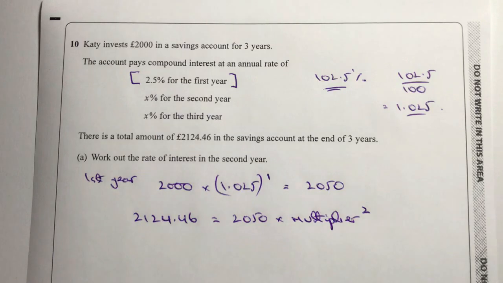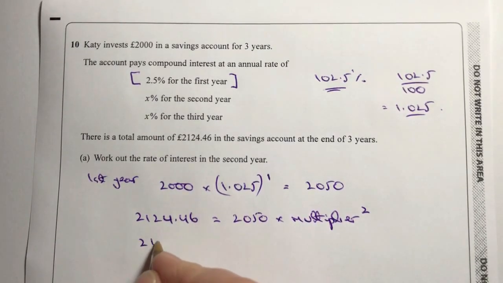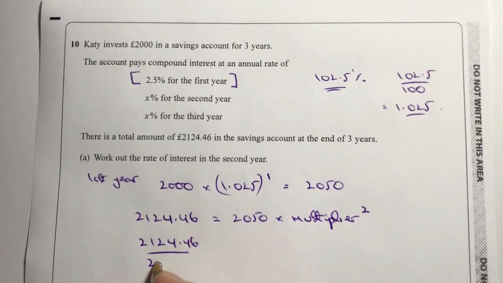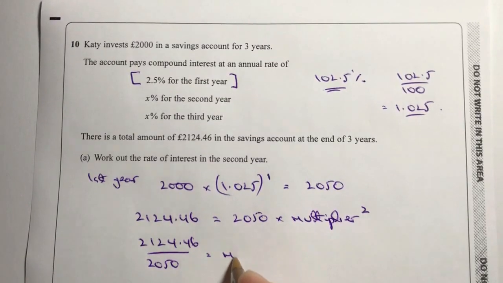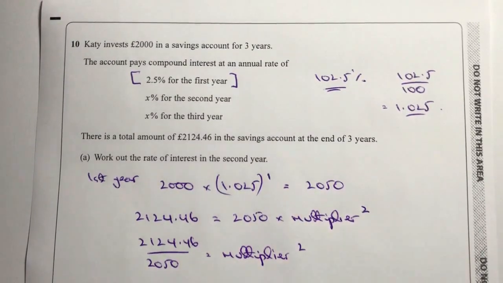Okay, so let's just work that through. Well, if I divide through by 2,050, I get 2124.46 over 2,050, and that equals the multiplier squared.